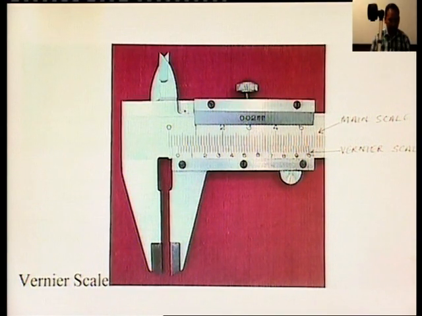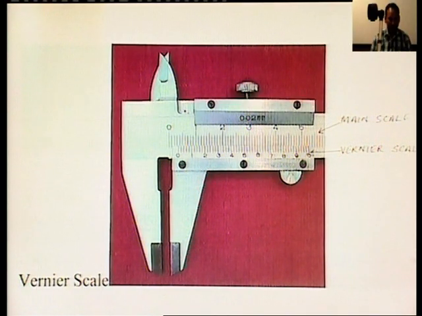The reading is calculated by the formula: total reading is equal to the main scale reading plus the number of coinciding divisions of the vernier scale multiplied by the least count of this vernier scale. So, this is the procedure for taking the reading on this vernier caliper.